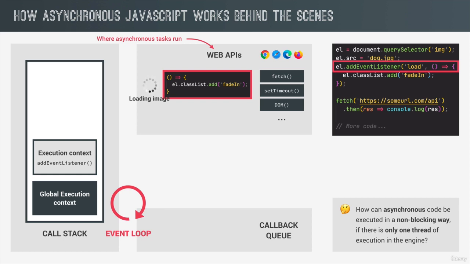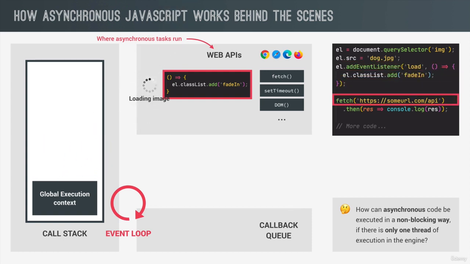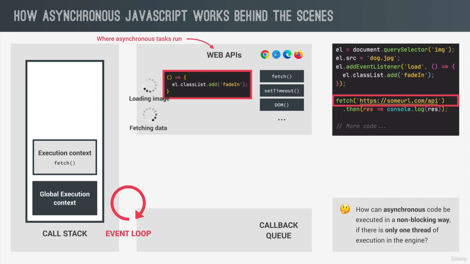But anyway, let's go back to the code. In the next line, we make an AJAX call using the fetch API. And as always, the asynchronous fetch operation will happen in the web API's environment. Again, that's because otherwise we would be blocking the call stack and create a huge lag in our application.